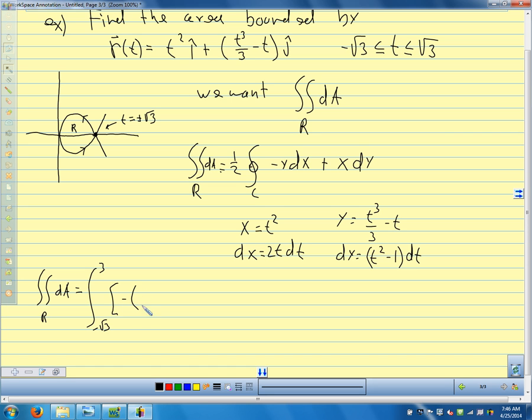minus y dx. So t cubed over 3 minus t, and dx is 2t dt. Plus x dy, so this is going to be t squared times t squared minus 1 dt.